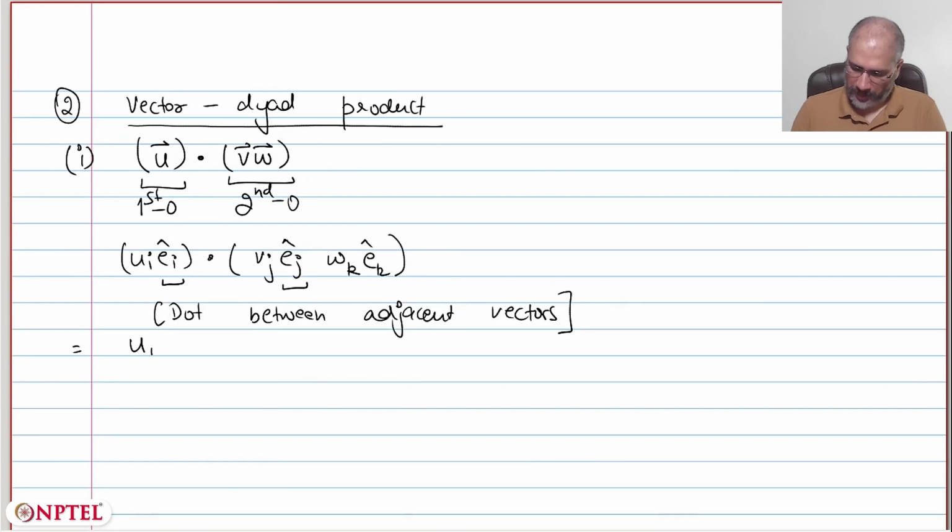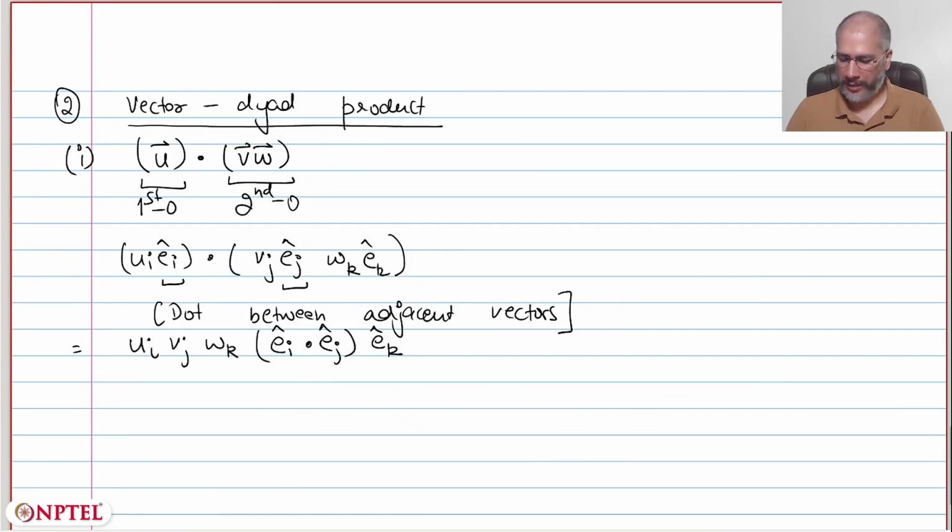So I'll move all the scalar components, that is UI, Vj and Wk, to the left, because they are simply scalar components. Then we are left with EI dot EJ, and then we have an EK remaining. Remember, don't move around the vectors, because the order in which the vectors appear is also important here. So just to be safe, EK is to the right of EJ, so it stays as it is.